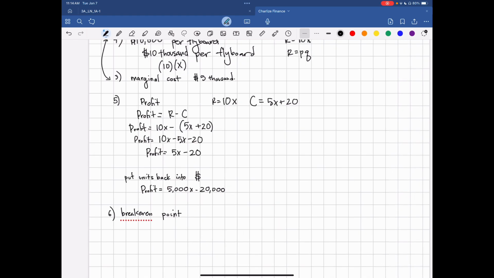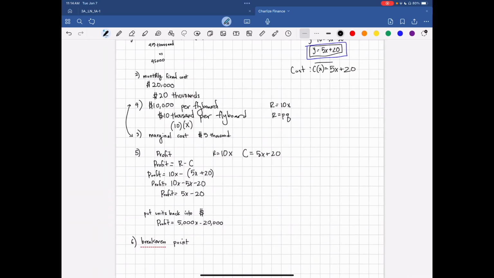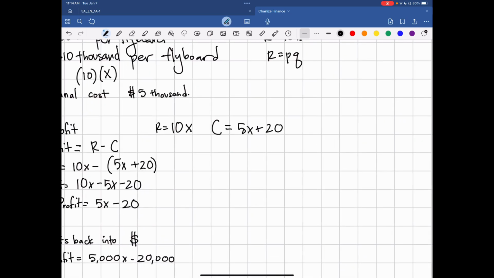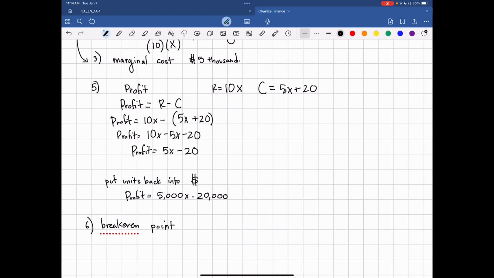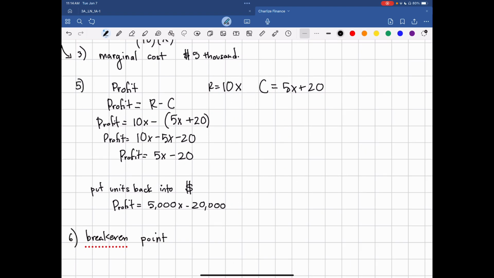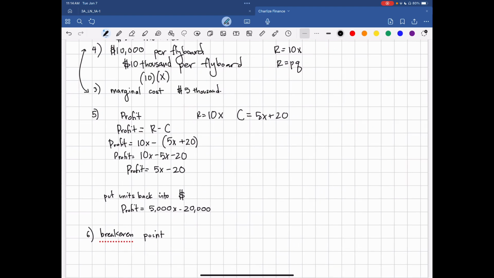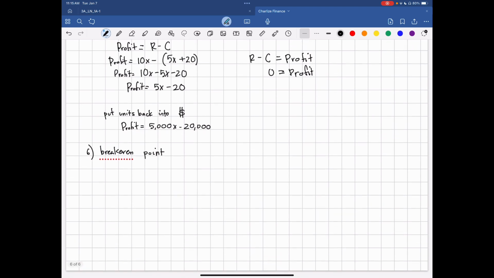The break-even point is considering the revenue and cost as two separate functions, and you're thinking about when these two functions intersect, because when you do R minus C, which is P, profit, it has to be 0 because you're neither gaining money nor losing money.